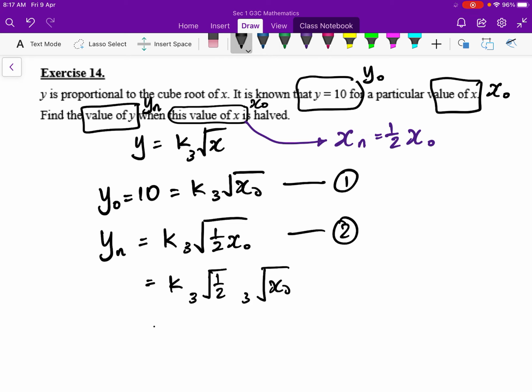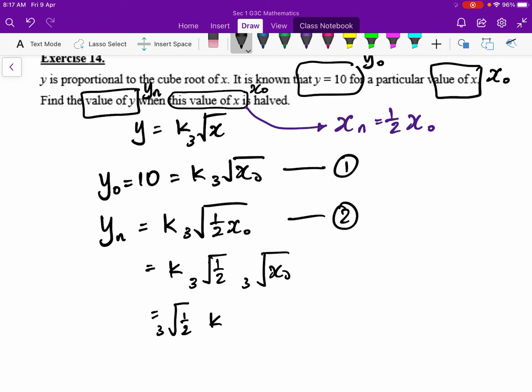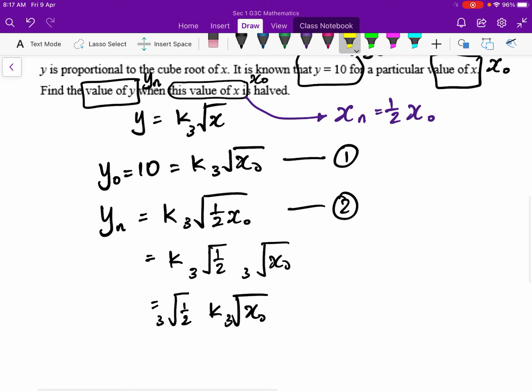Now the cube root of half is just a number, just like any other number. We put it in front. You can use your calculator to work out what that value is. Then k cube root x-naught, we see again that k cube root of x-naught has already appeared.